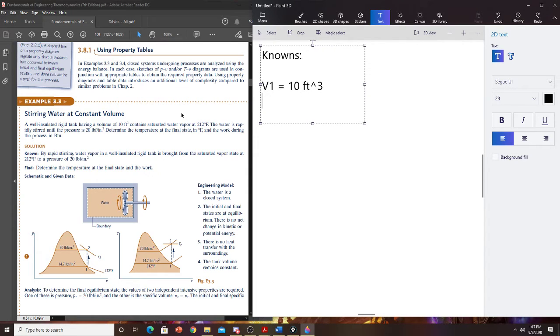Let's read this first sentence again: well-insulated, rigid tank. Everyone think about what they have just told you there. What does well-insulated mean to you? No heat transfer. Tanner is correct.